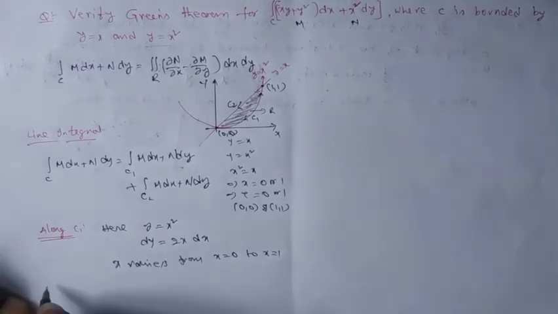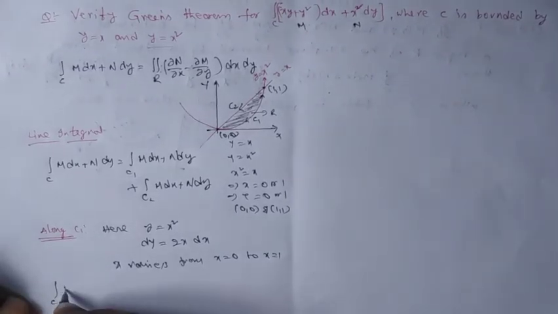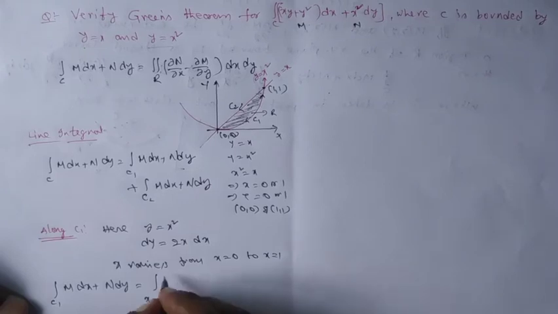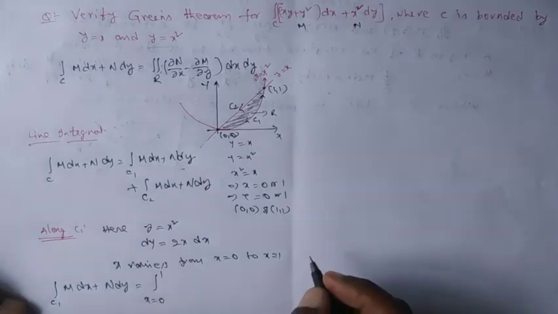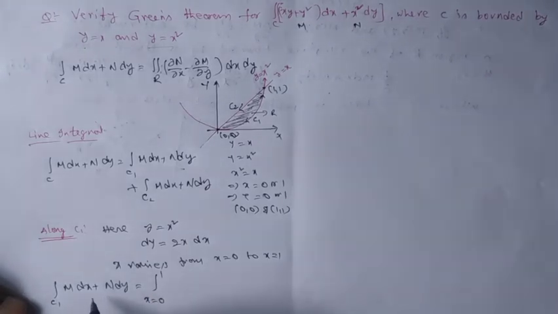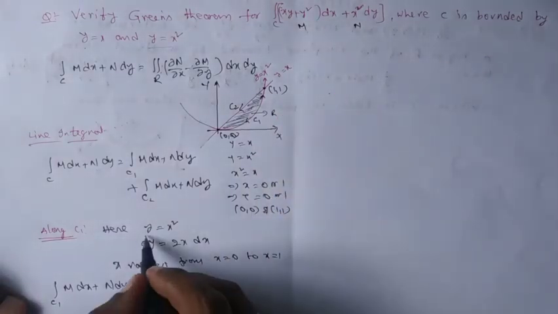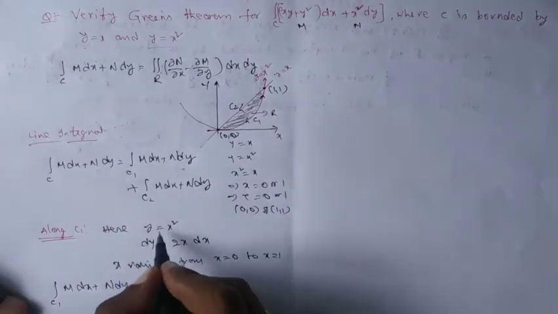So I can write integral over C1 of m dx plus n dy equals integral x equals 0 to 1. Why am I writing it so? Since it is a line integral, our integrand must consist of only one integral variable. So whatever the y or x should be converted into only a single variable. By means of this curve equation, I can convert all the y's into x.